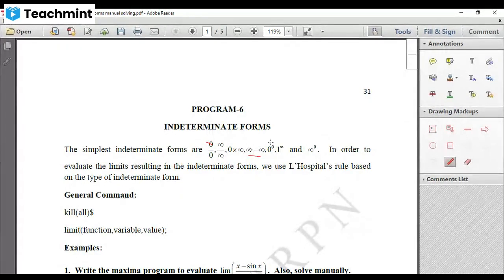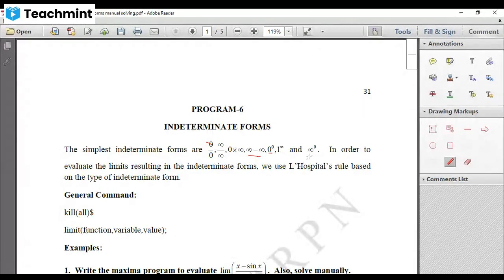Similarly, 0 to the power of 0: we know that any number to the power of 0 is 1, whereas 0 to the power of anything is 0. So this has got two choices. Similarly here, 1 to the power of infinity: we know that 1 to the power of any number is 1, whereas any number to the power of infinity is infinity. So this one also has got two choices.